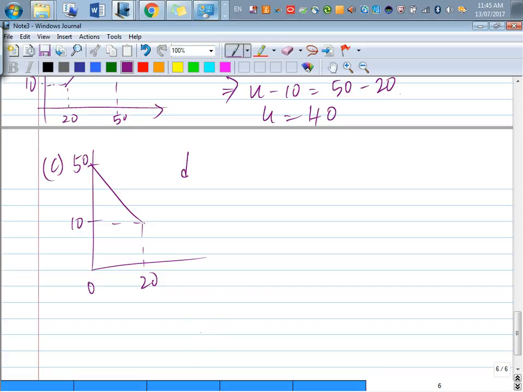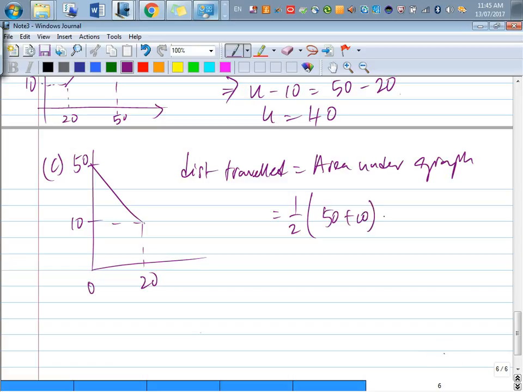Distance traveled equals area under graph equals area of a trapezium, half times the sum of parallel sides, which is 50 plus 10, times 20, and you get 600. So where was your mistake? Where 200? Oh, you only calculated for the triangle, is it?